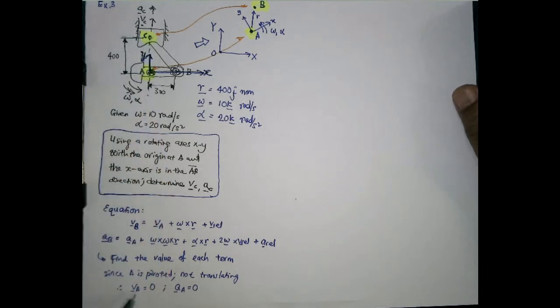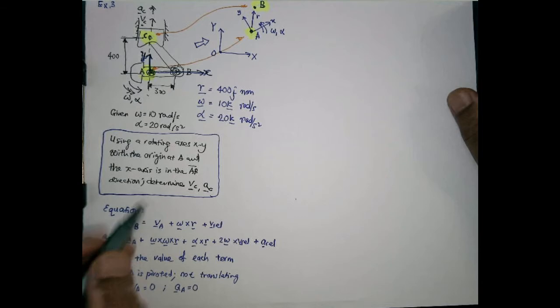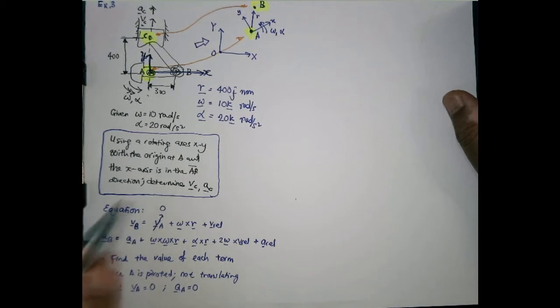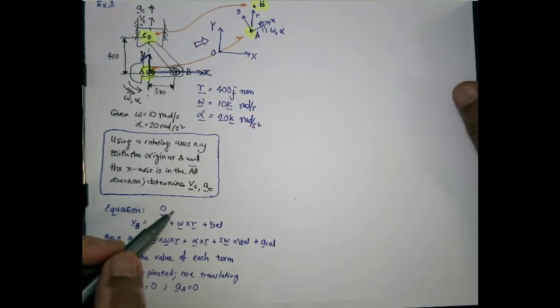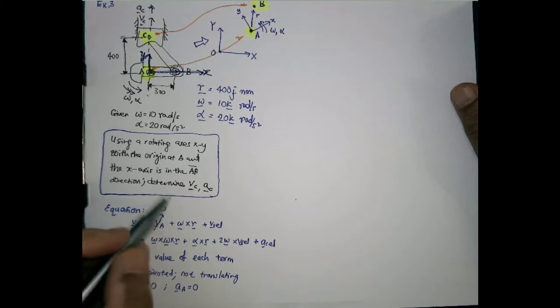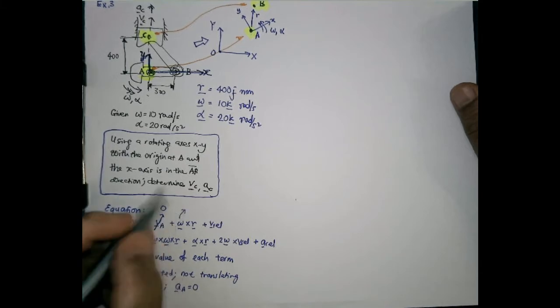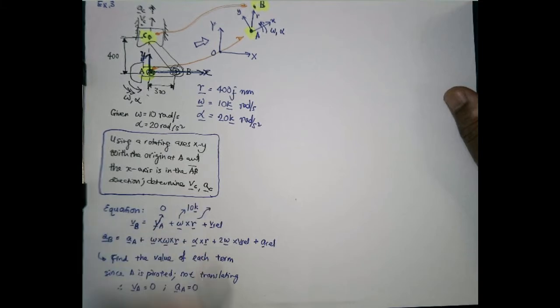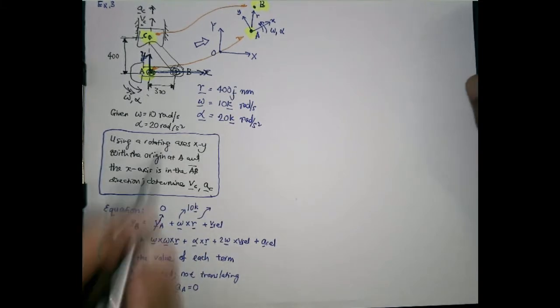So if we write this thing, we know what VA is. This is 0. Do we know what V relative is? We do not know how fast it is moving relative, but we know what omega is. This is 10k. We know what R is. R is 400J.